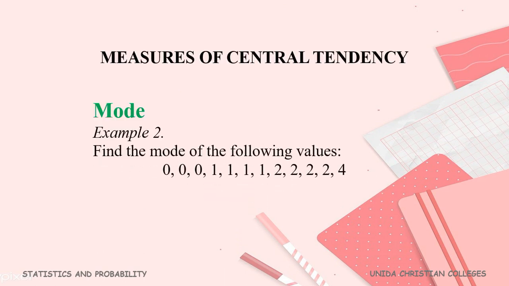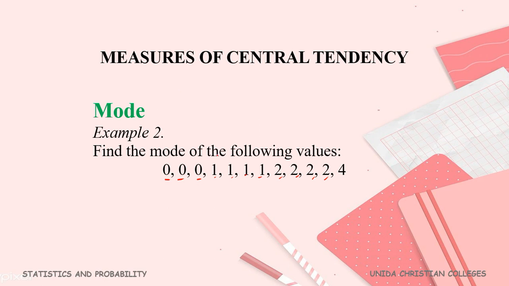Okay? Another example. We have 0, 0, 0, 1, 1, 1, 1, 2, 2, 2, 2, 4. Si 0, 3 beses nag-occur. Si 1, 4 na beses. Si 2, 4 na beses din. So, ano ngayon ang mode natin?